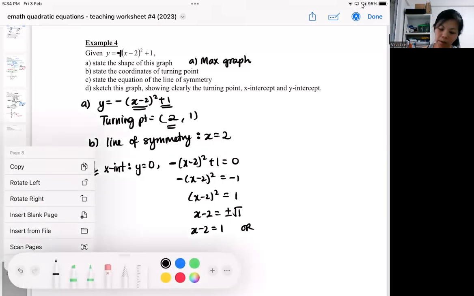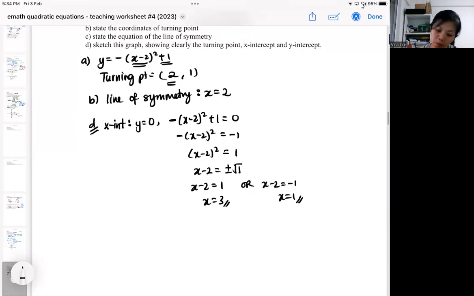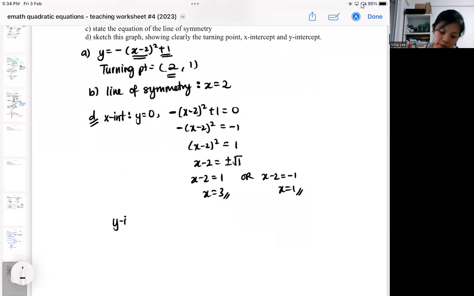One answer will be equal to 1, the other answer will be equal to -1. So eventually, this is my final answer. I still need my y-intercept. For the x-intercept, we just have to punch the calculator. So I will get -4 plus 1.